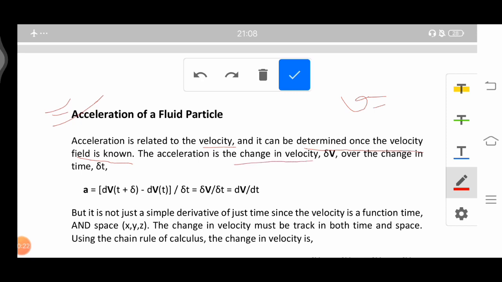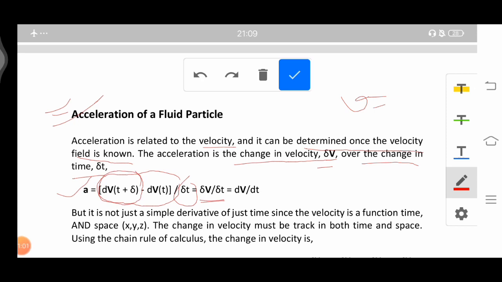The acceleration is the change in velocity, that is del v over the change in time del t. So here the equation is a equal to del v upon del t, that is v(t plus delta t) minus v(t) upon del t. So basically it's the change in the velocity with respect to the change in time.